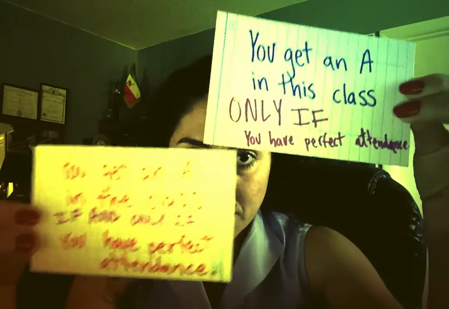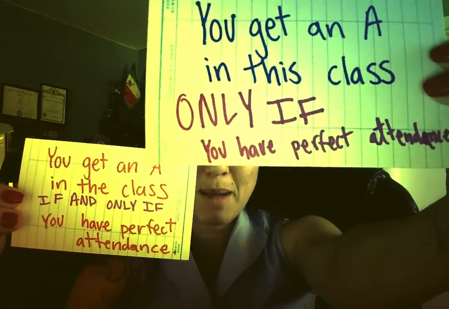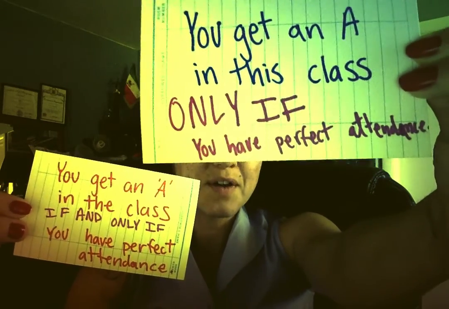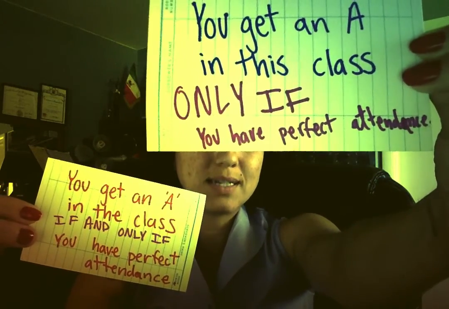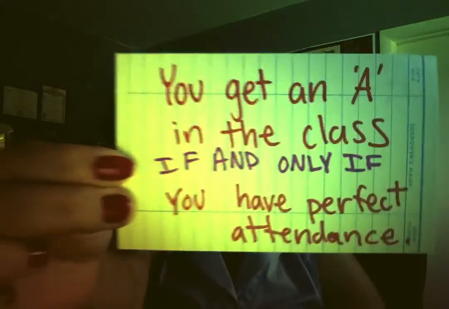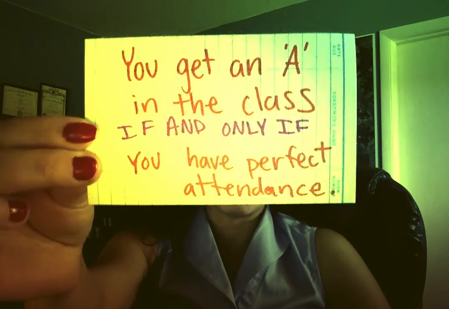So these two responses of your teacher tell you totally different things. The only if is telling you what's necessary, but there might be more things necessary. There might be not enough things that you have done to get an A if you only have perfect attendance. Whereas this teacher is telling you with this statement that all you need to do, it would be enough.